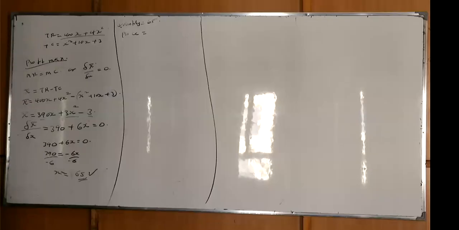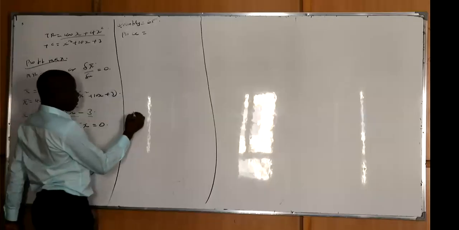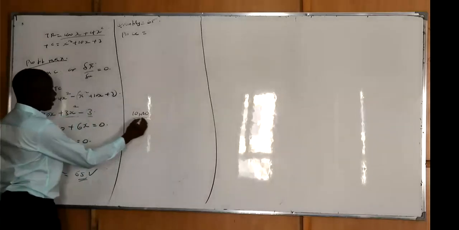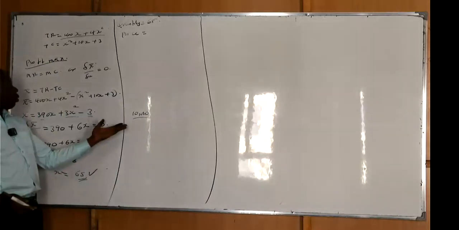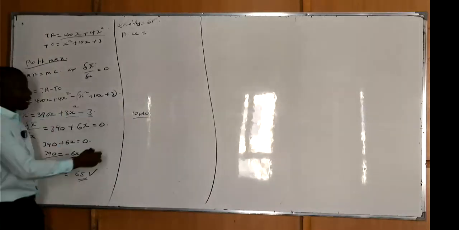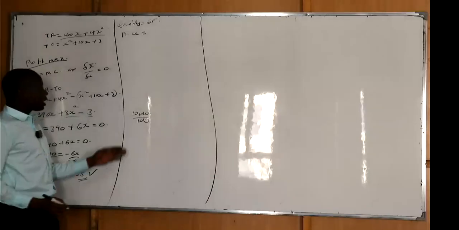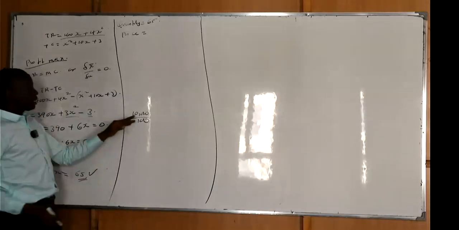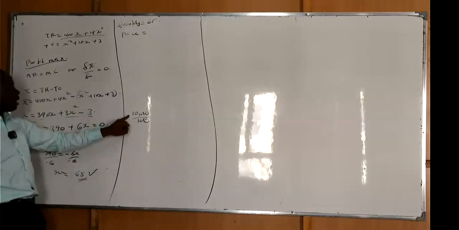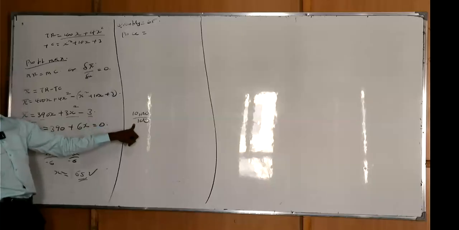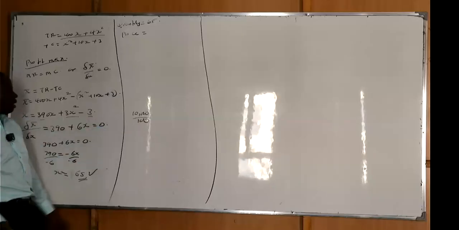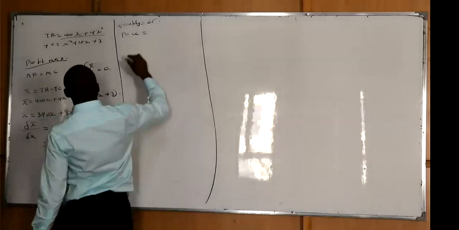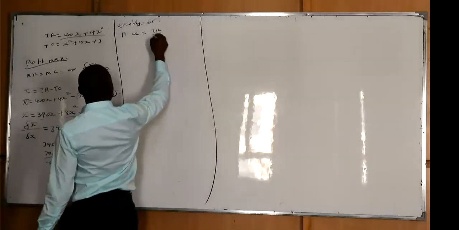For example, if you sold a total of 10,000, this is sales, and you are given quantity sold, let us say 100, to get the price of each you just take the total revenue, which is total sales, and divide by the total quantities you sold.